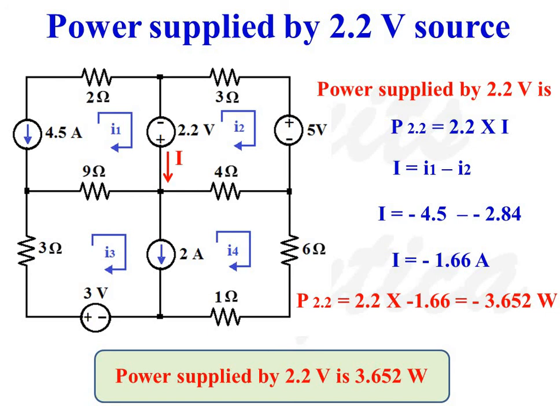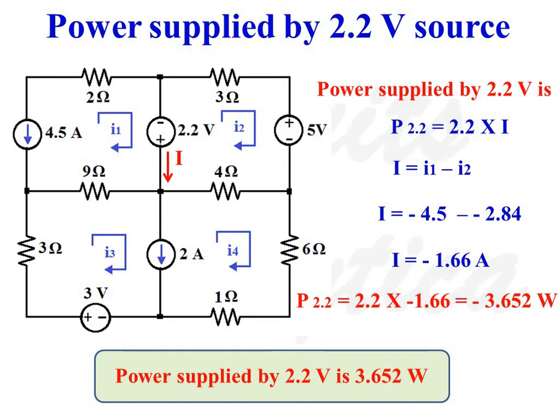That is why I is equal to I1 minus I2. I1 is equal to minus 4.5 and I2 is equal to minus 2.84. Therefore, we will get I is equal to minus 4.5 minus minus 2.84. I is equal to minus 1.66 ampere.